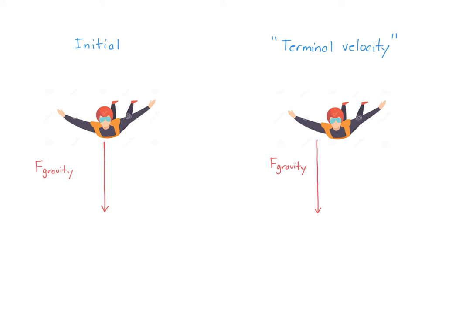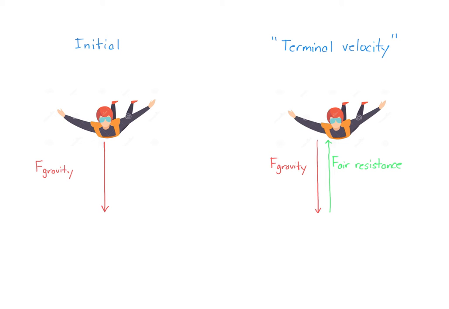So what happens with that? This skydiver who's falling towards Earth will speed up. And eventually when they hit about 200 kilometres an hour, which is roughly 60 metres per second, the force due to the air resistance as they fall at that speed will be equal to the force due to gravity.